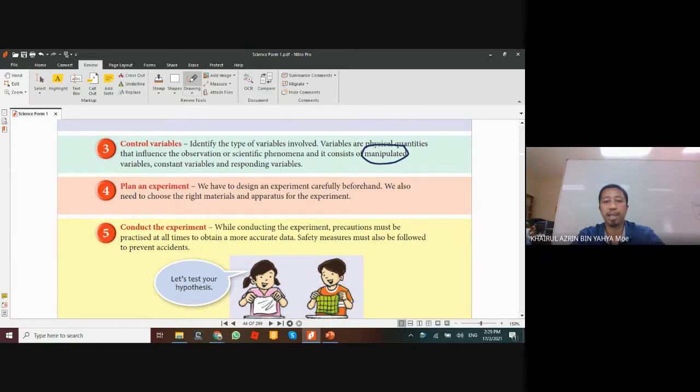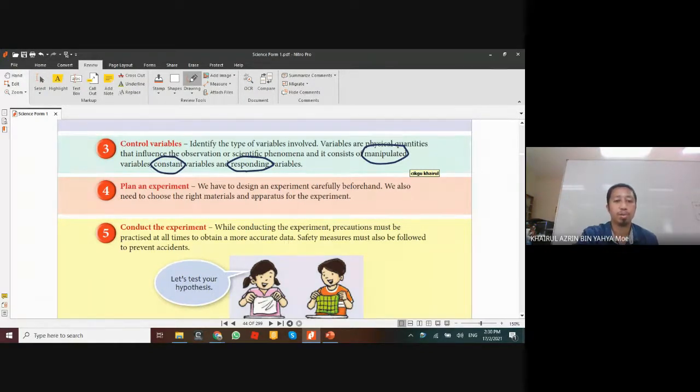First is manipulated variables. Second, constant variables. And third, responding variables. What is manipulated? Manipulated variables means variables that we can change. Kita yang ubah. Like maybe the length, panjang dia, or maybe the time. We can change it.